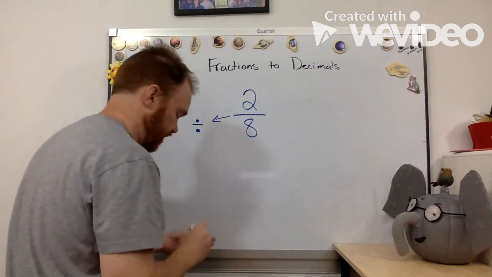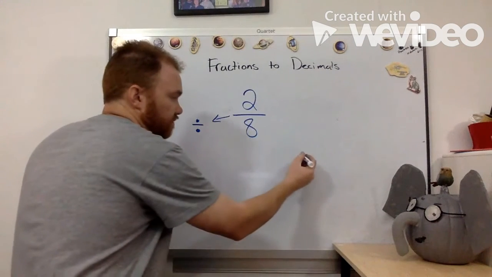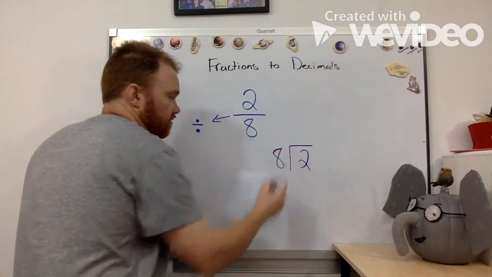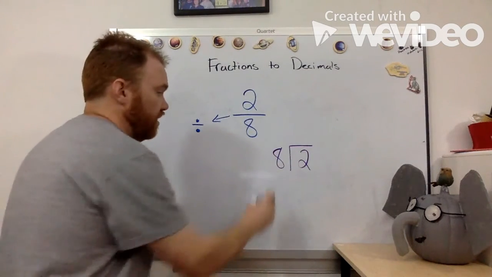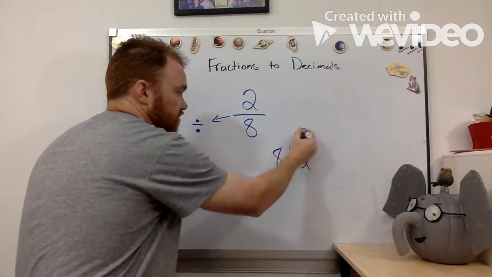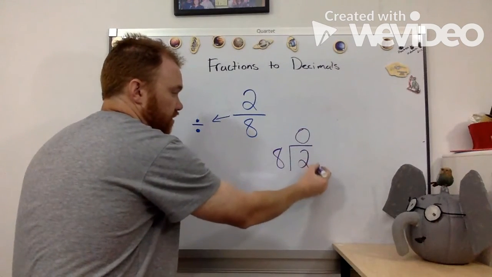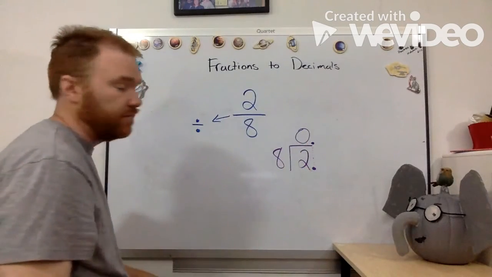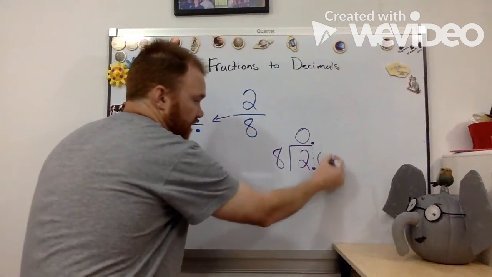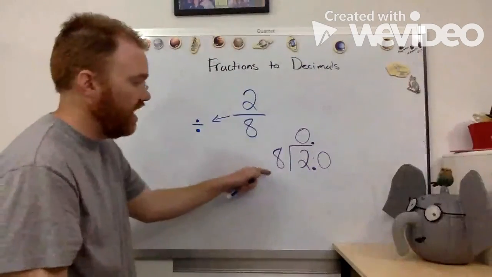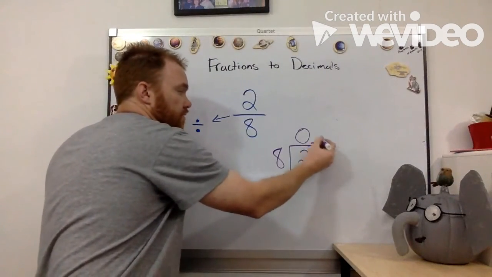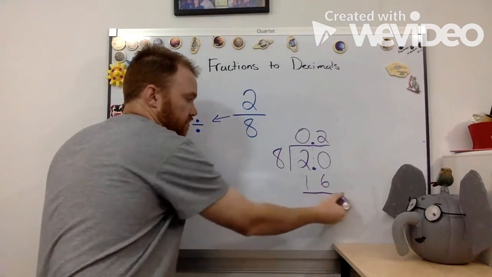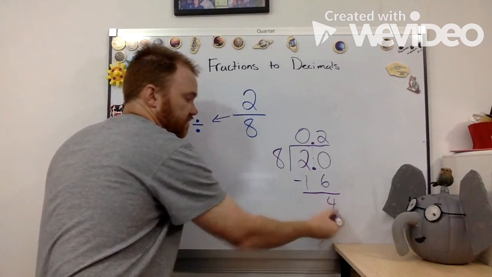I'm going to do that with long division. 2 goes in the cage, 8 goes out of the cage. 8 goes into 2 zero times. I put my decimal here and move it up. Remember, there's always an invisible decimal behind a whole number, and I add my 0 back here. 8 goes into 20 two times. 2 times 8 is 16. 20 minus 16 gives me 4.